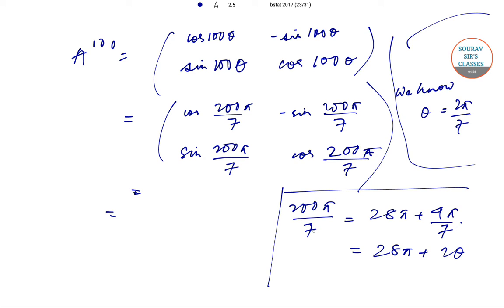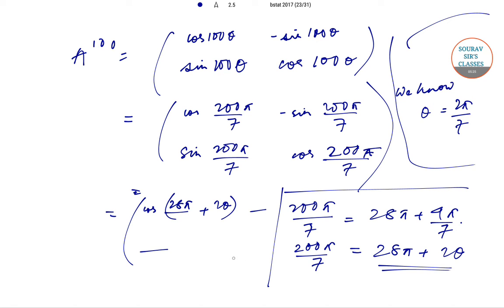Basically, 200 pi by 7 will be equal to 28 pi plus 2 theta. So this will be cos of 28 pi plus 2 theta. Then here it will be minus sine of this value, and cos of this value.